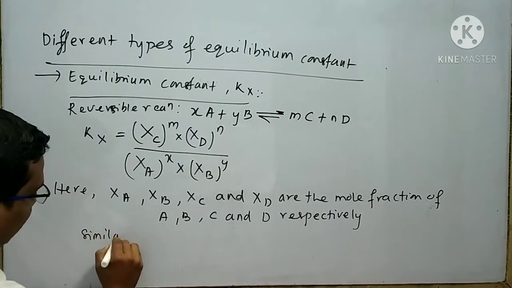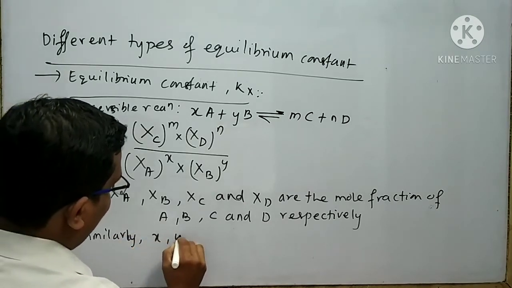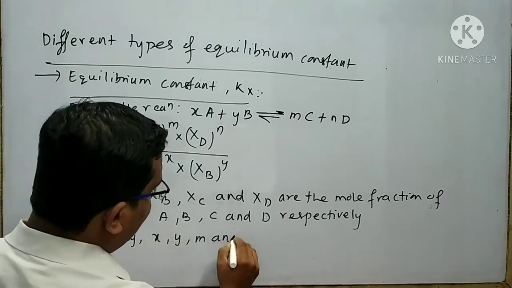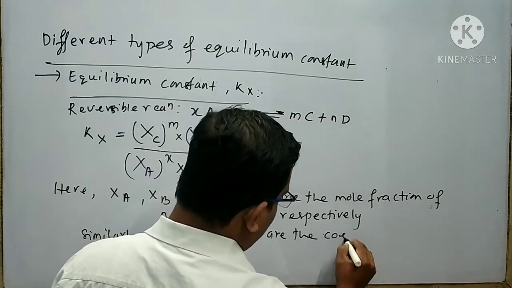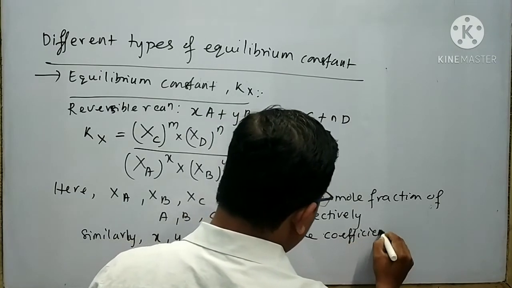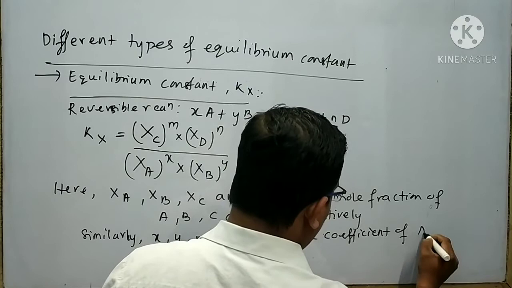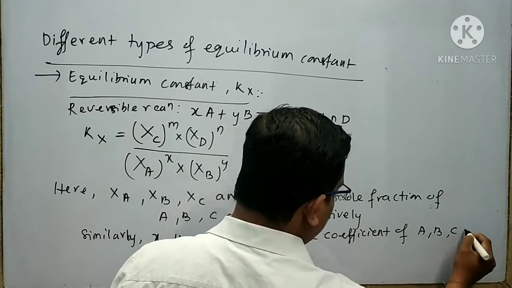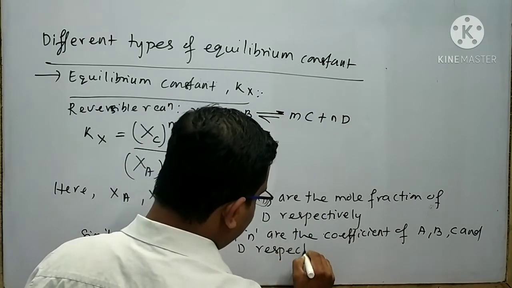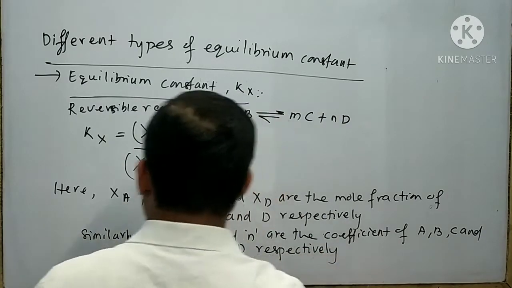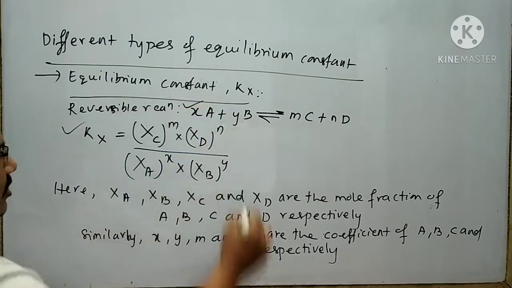Similarly, X, Y, M and N are the coefficients of A, B, C and D respectively. This is the expression for Kx for this reaction.